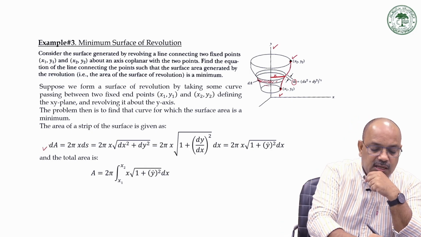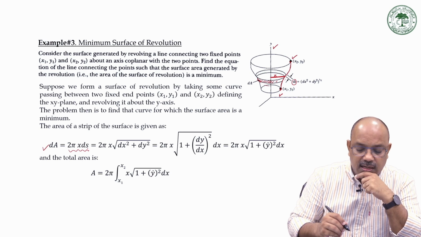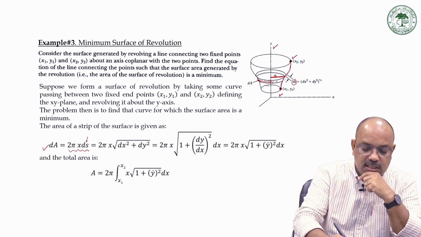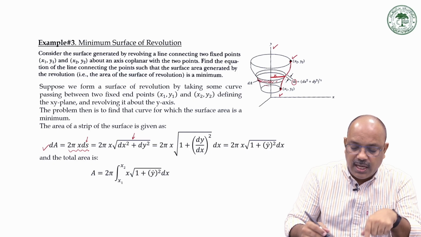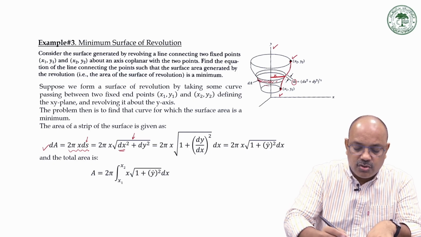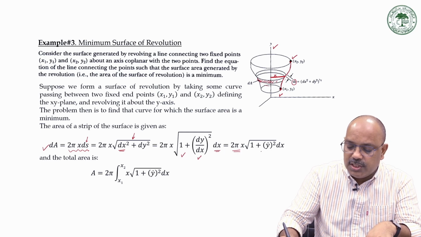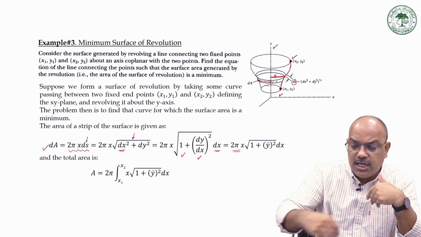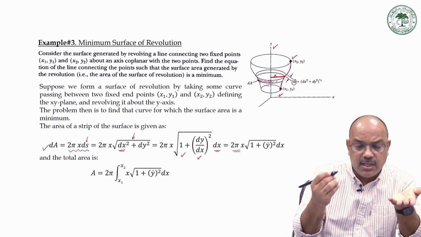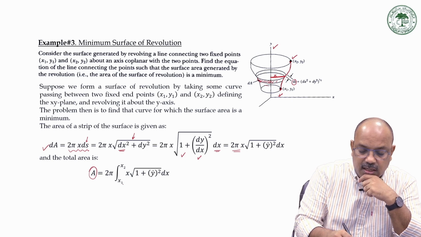So the area element is twice pi x ds, where ds is the square root of dx square plus dy square. I can take dx common, and it comes out, leaving 1 plus y dot square. So this is twice pi x times the square root of 1 plus y dot square, and if I integrate it between these two points, the total area is this integral.